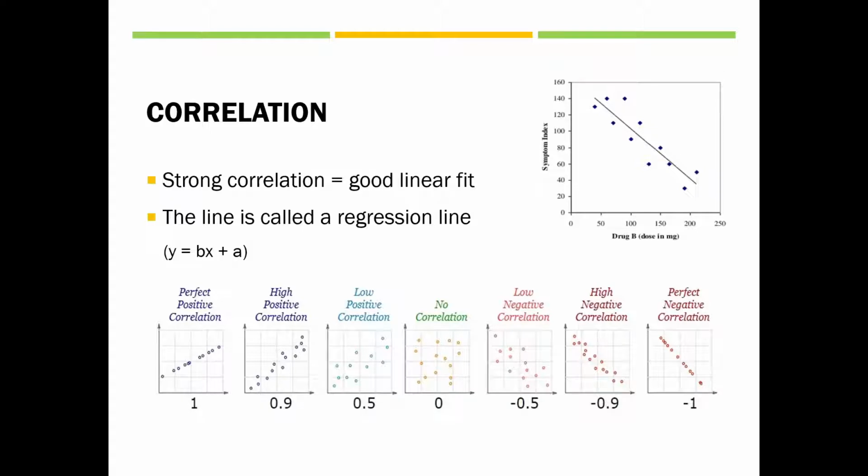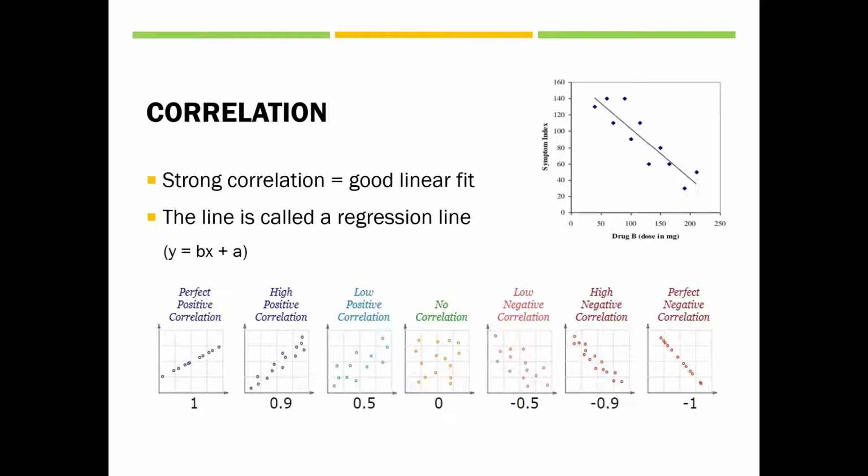So a strong correlation basically means that the data points are scattered close together along a line, a linear line, which is called a regression line. That's a strong correlation.